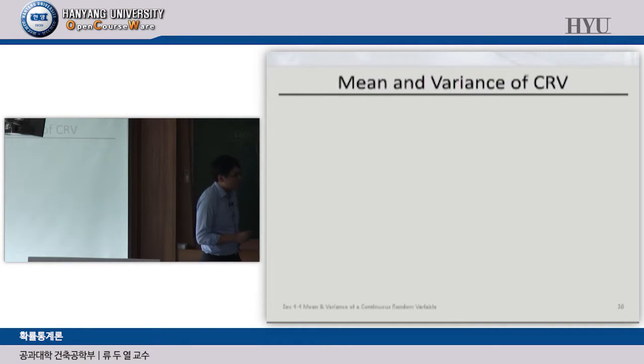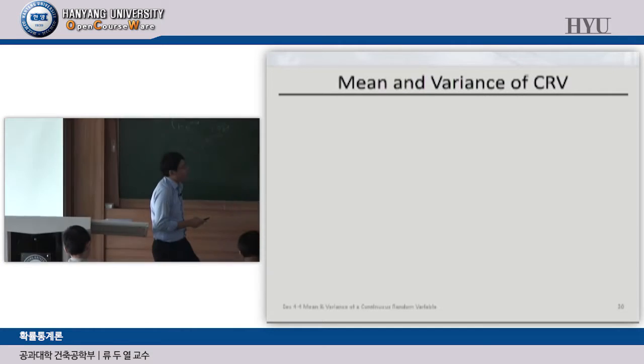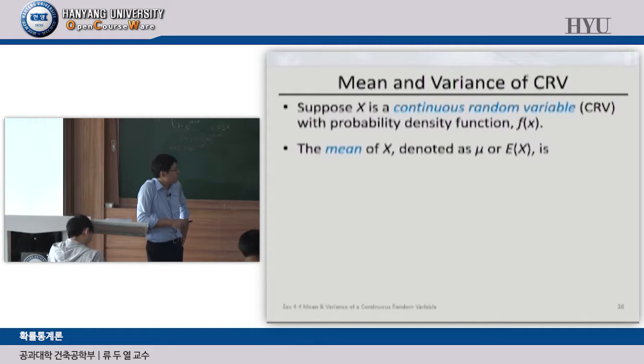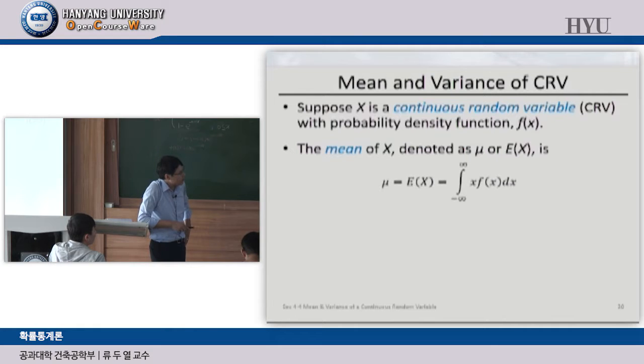And I'm going to explain what the mean and the variance of a continuous random variable are. Suppose that x is a continuous random variable with probability density function f(x). The mean of x, which is denoted as mu or E(X), is mu equal to the integration of x multiplied by the probability density function from minus infinity to infinity.